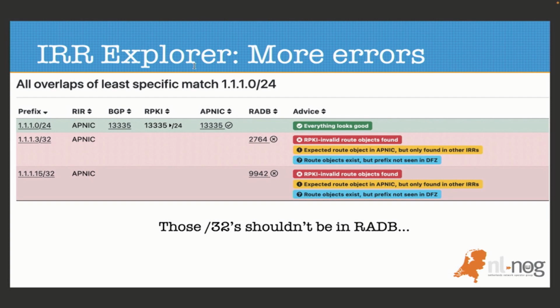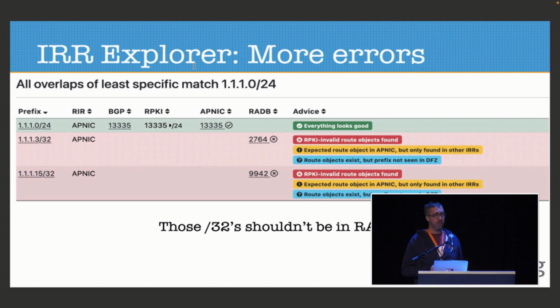And lastly, even though there's a route object, there's no route seen in the DFZ, in the default free zone, which actually is a good thing, because if we would see 1.1.1.3 in the DFZ, well, you shouldn't be seeing that. So obviously someone entered these two database entries for the /32s in the RADB database. In this case, it probably doesn't hurt much because RPKI and route filtering would just completely ignore this, but still this should be cleaned up.